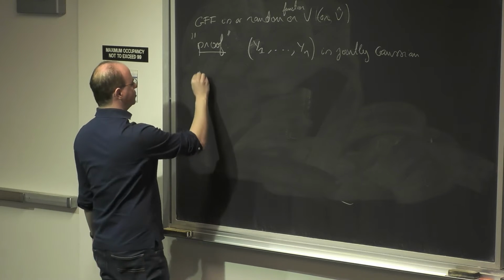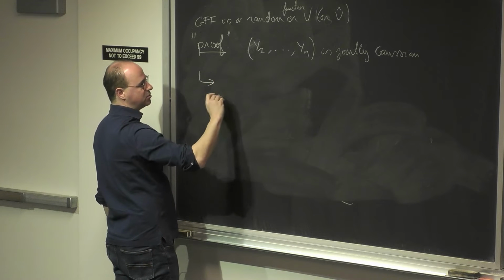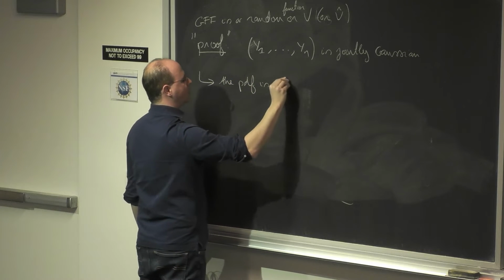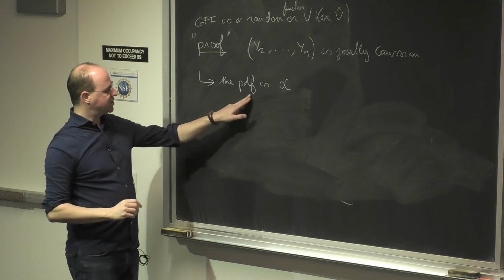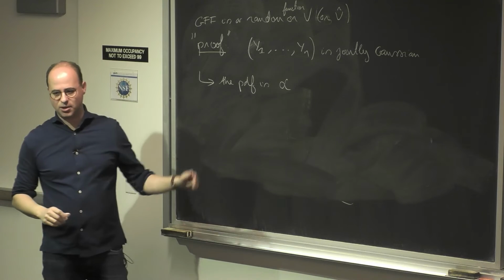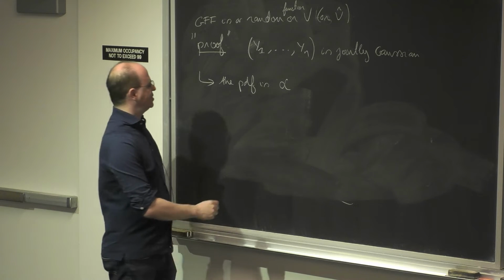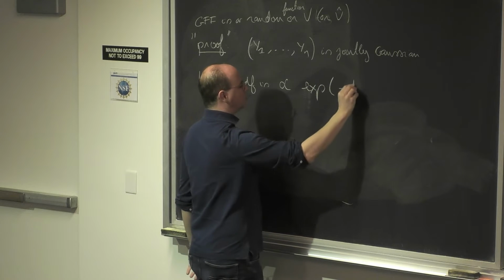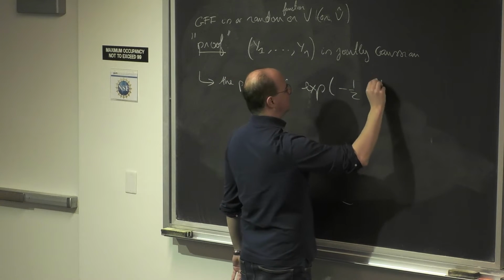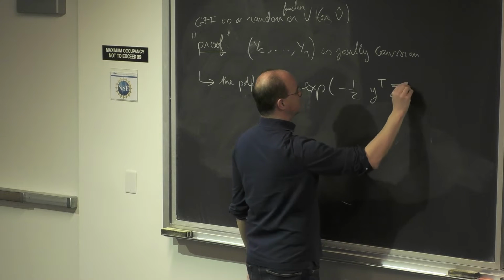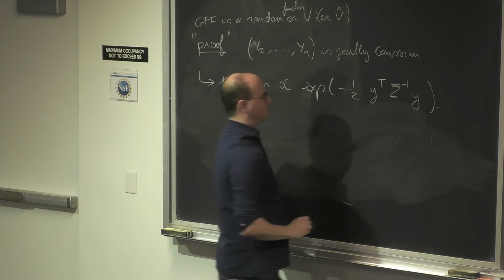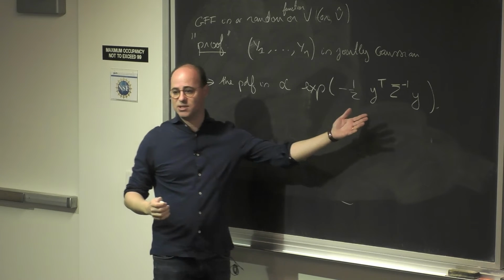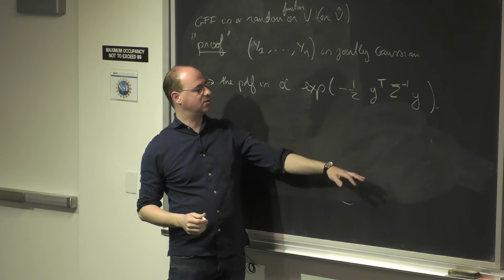So we know what will be the probability density function. So the probability density function, this symbol means proportional. I hope everyone knows that. This probability density function is proportional to the exponential of minus half y transpose sigma inverse y, where sigma is the covariance matrix. This is the Gaussian density for a vector.